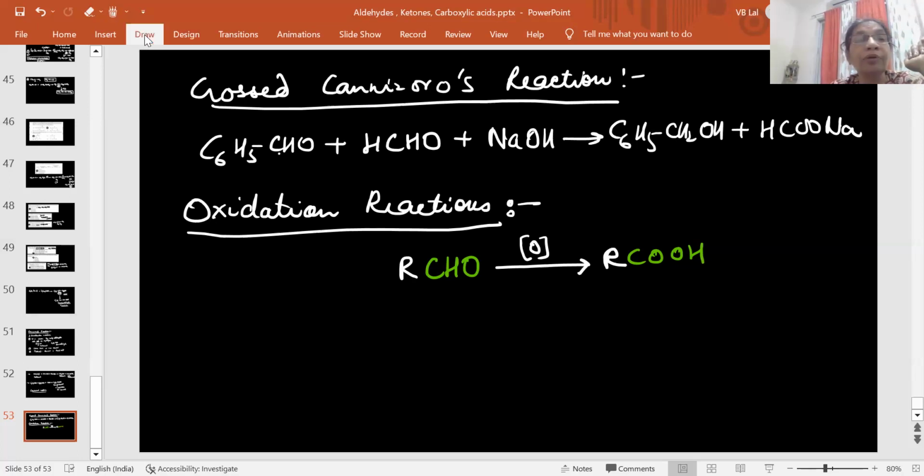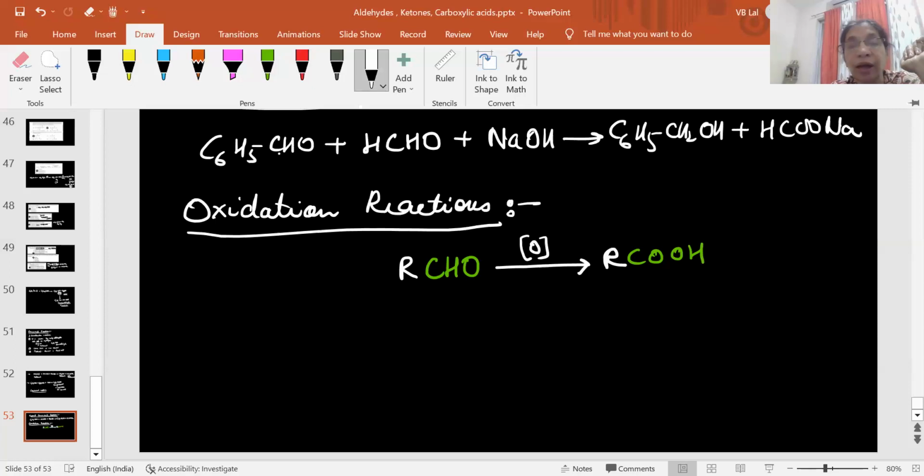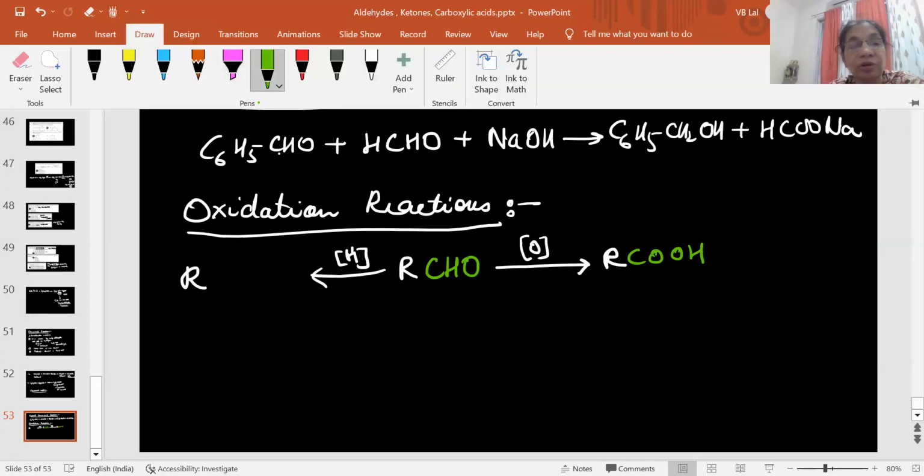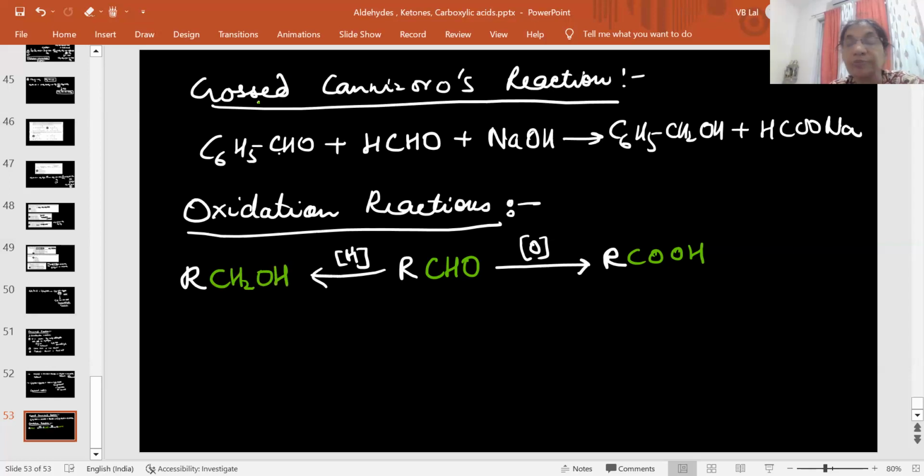If I go backwards, then what am I doing? Then I do reduction. If I do reduction, then what do I get on this side? R is there, but CHO changes into CH2OH. So you have already learned that from alcohols on oxidation, I get aldehydes which get oxidized into acids.